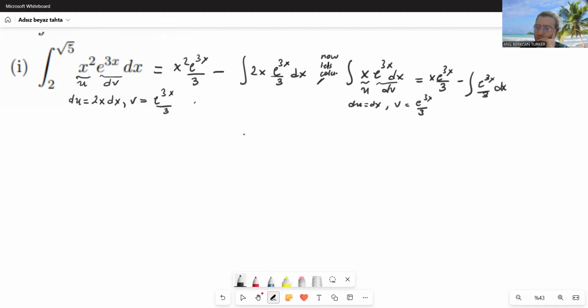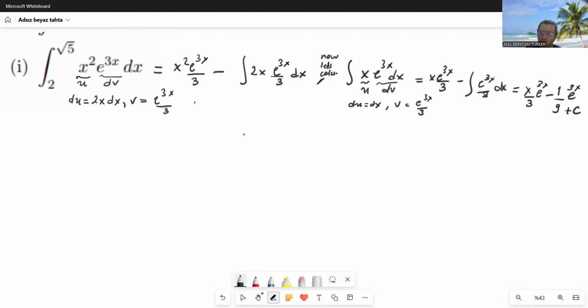So this is another very easy integral. So at the end, this is x over 3 e to the power 3x minus 1 over 9 e to the power 3x plus some constant.